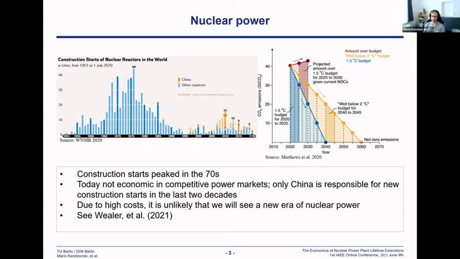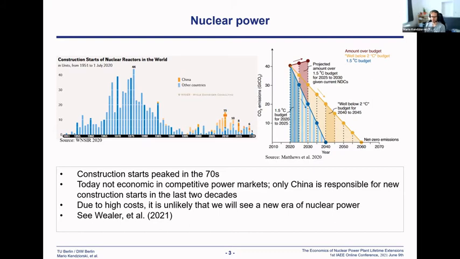And considering that the duration until these nuclear power plants are able to produce electricity is quite long, even if we would start now, it would take a long time until they are able to produce electricity.